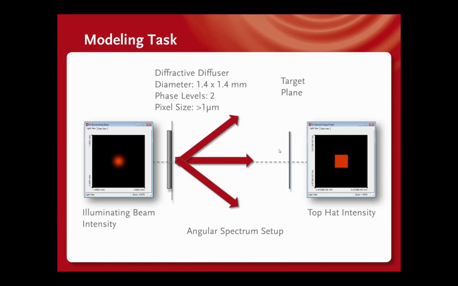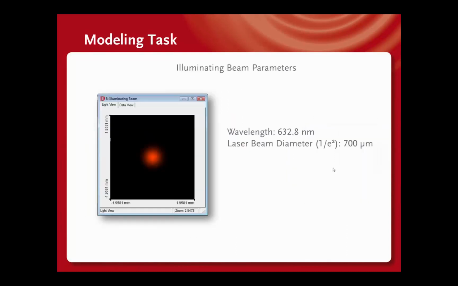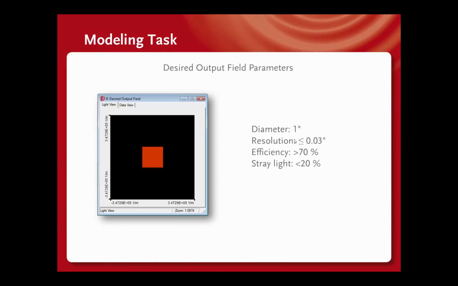And the goal is to generate an angular, rectangular top-hat distribution, so it's an angular distribution with a top-hat shape. The light source has a wavelength of 632 nanometers, and this desired output pattern should have an angular diameter of 1 degree and a resolution of around 0.03 degrees.